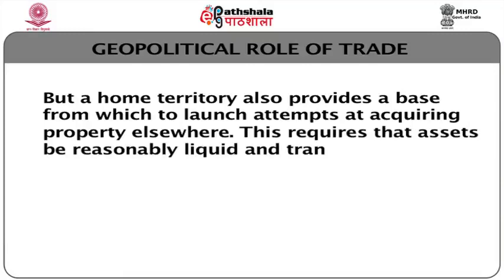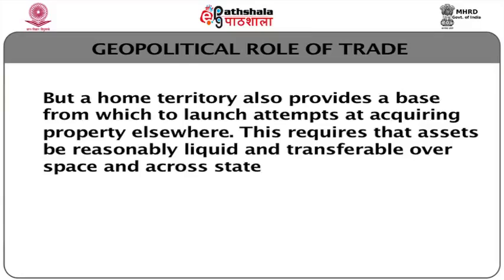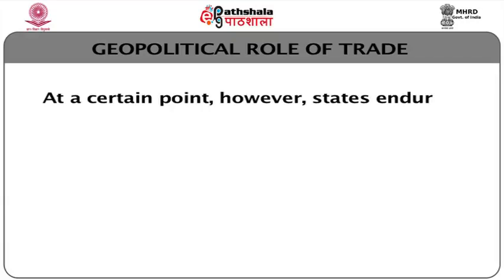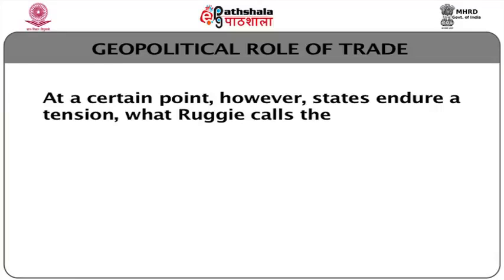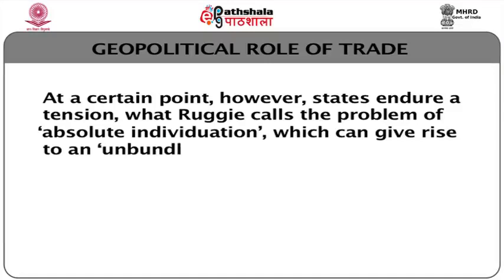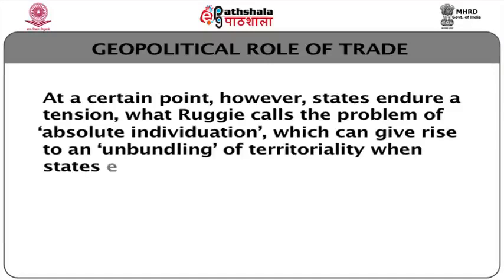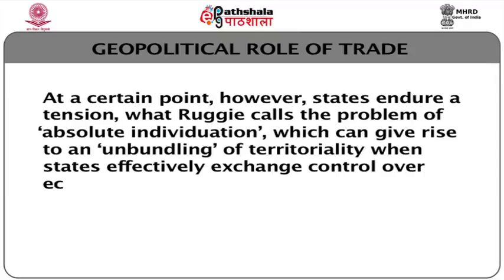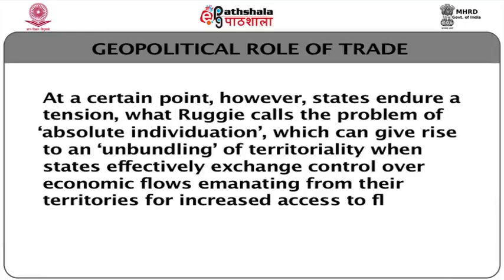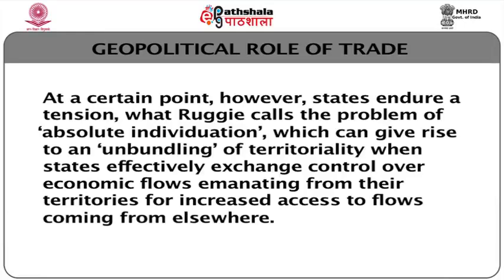This requires that assets be reasonably liquid and transferable over space and across state boundaries. At a certain point, however, states endure a tension, what Ruggie calls the problem of absolute individualism, which can give rise to an unbounding of territoriality when states effectively exchange control over economic flows emanating from their territories for increased access to the flows coming from elsewhere.